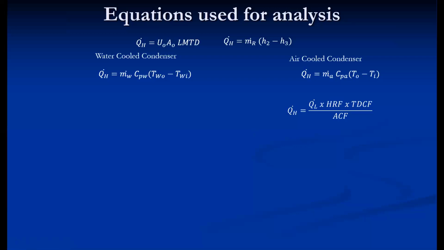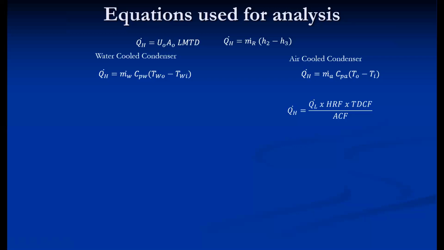So for example, if the heat rejection factor is 1.2, it means the condenser rejects 20% more heat than the evaporator absorbs. Suppose the evaporator absorbs heat 100 kilowatt, then the condenser in that case dissipates heat 120 kilowatt. Because 20 kilowatt heat is added in the compressor during compression stroke, and also due to absorption of heat from the motor.